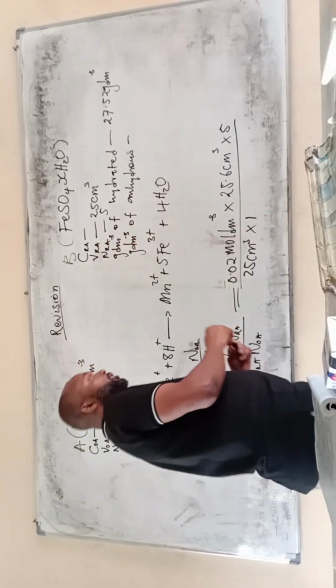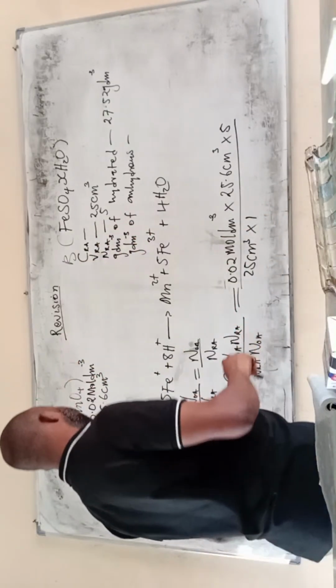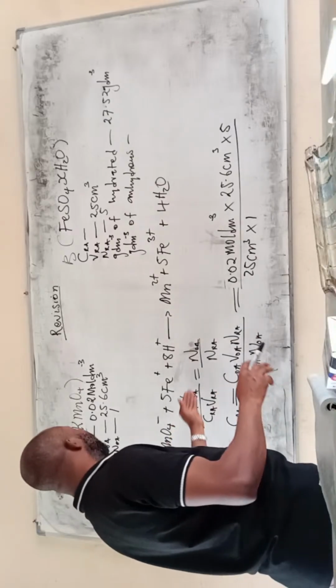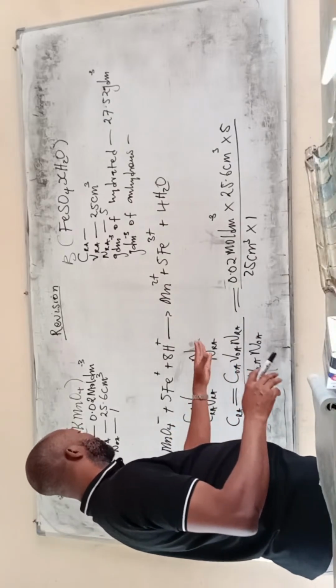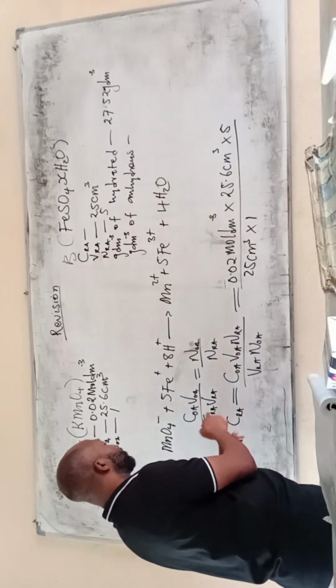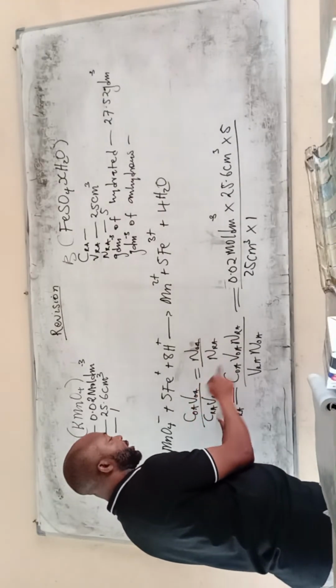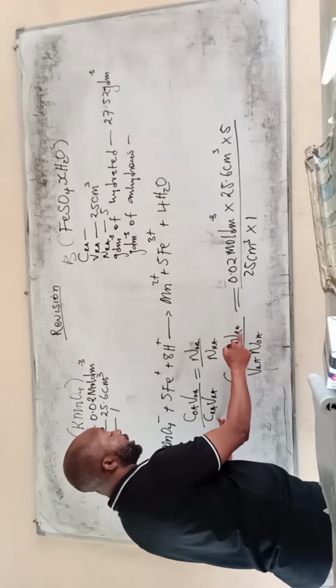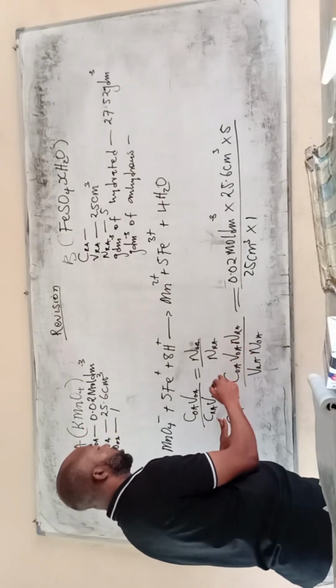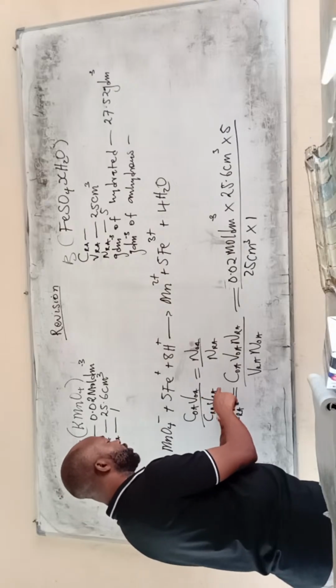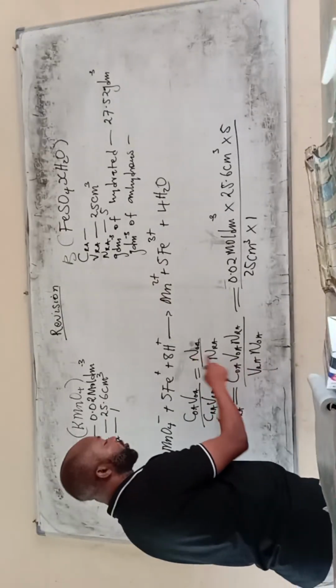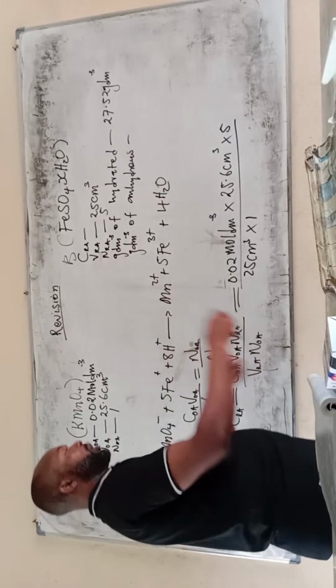Okay, let's confirm if everything is okay here. We have C_oxidizing times V_oxidizing over C_reducing times V_reducing equals n_oxidizing over n_reducing. So for us to get this, we have concentration of oxidizing agent times volume of oxidizing agent times number of moles of reducing agent, all over volume of reducing agent times number of moles of oxidizing agent. That's correct, so we are good.